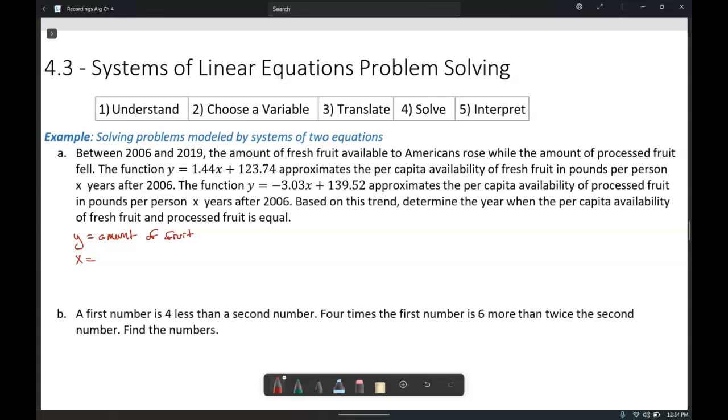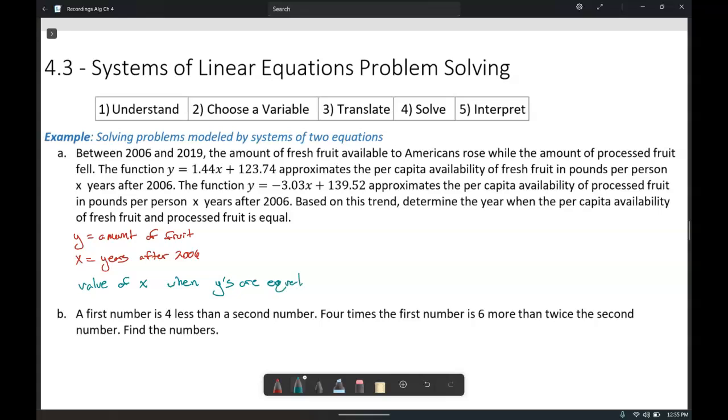And x represents the number of years after 2006. So what we want to find is what year the amount of fruit will be equal. So we're looking for the value of x when the y's are equal.